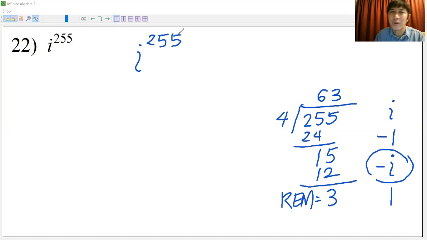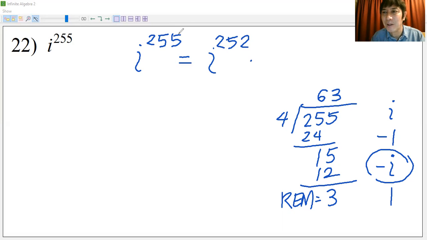All right, so i to the 255. Okay, i to the 255. You can split this. That means you have something like i to the 252, and you have a remainder 3, right?